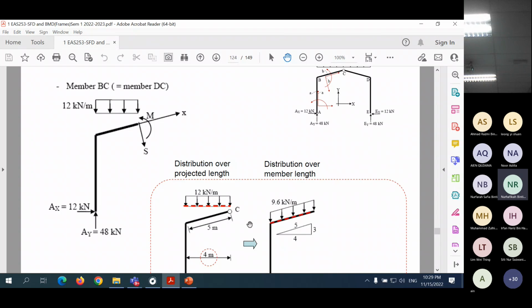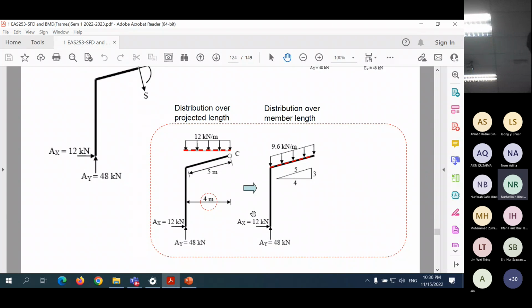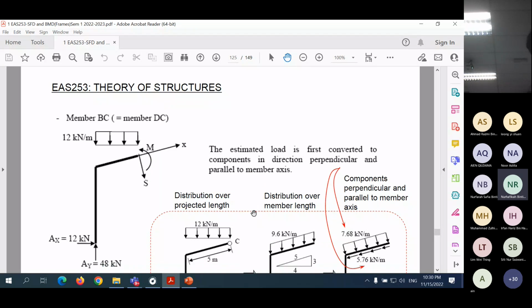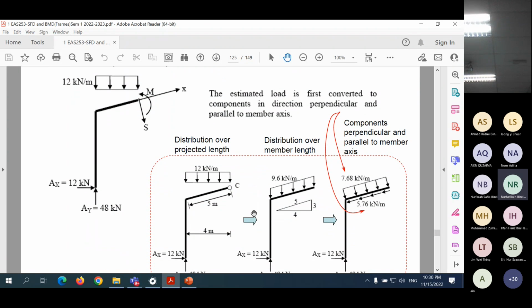So how to convert that? That is the next step. So this is how we convert it, okay? These are the steps to get to this, and then this one is the same as one of the examples that we have seen.